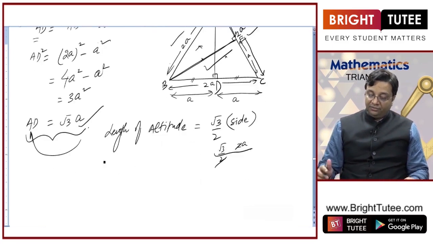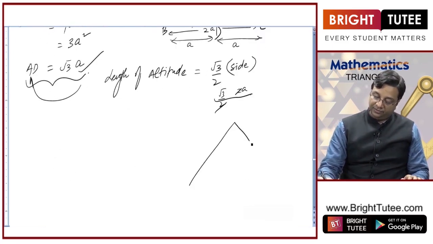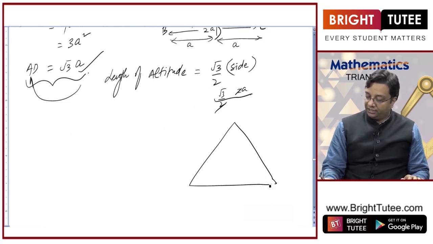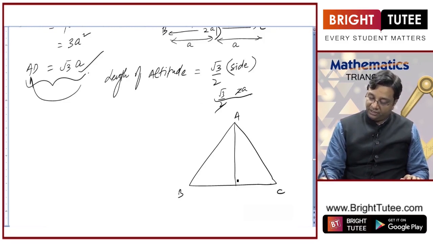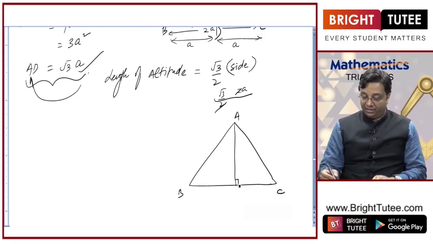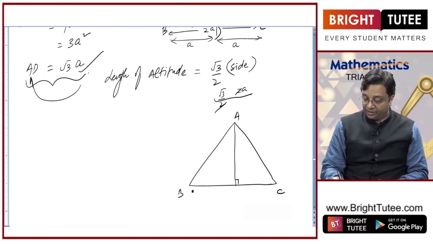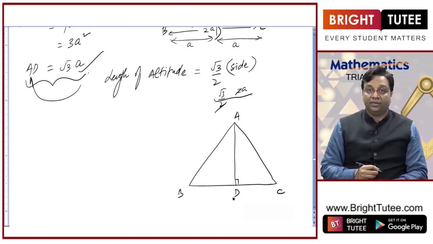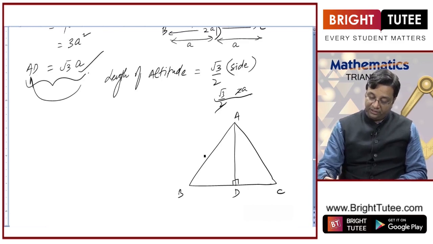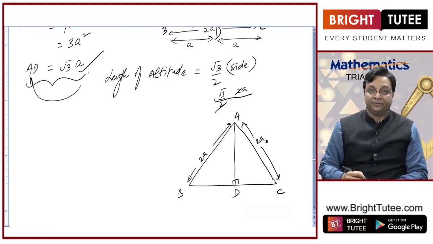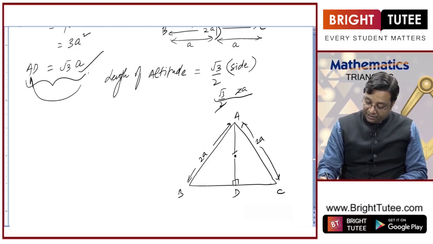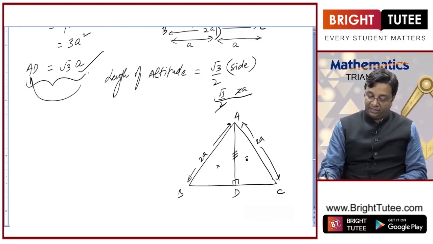Now, one thing, if somebody thinks that in case of equilateral triangles, when I drop a perpendicular, this we have discussed in class 9th, and it should be clear to you by now. If you drop a perpendicular here, see, this side is equal to this side, right. Let us say this is 2A. So, this will also be 2A, right, and this is a common side in both these triangles, and this angle is 90 degrees and this is also 90 degrees.